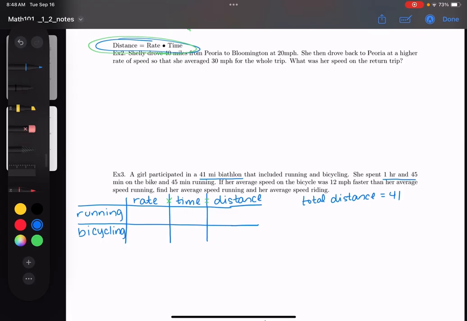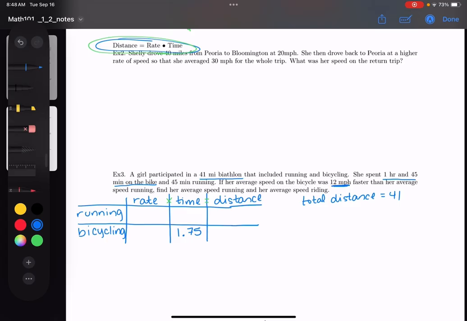Let's see, I'm reading through now. She spent 1 hour and 45 minutes on the bike. Now, we don't want this in, you want it to be 1 unit. So if you look right here, you see how this is 12 miles per hour. That means we want to stay in hours. So we are going to have to do a little bit of converting here. An hour and 45 minutes can be written as 1.75 because 45 minutes is 75% of an hour.